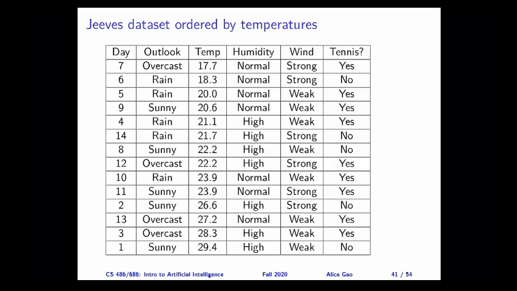There are 11 possible split points. For convenience, we can define each split point to be the midway value between two adjacent values. For example, between the value 17.7 and 18.3, the average of the two numbers will be a possible split point.